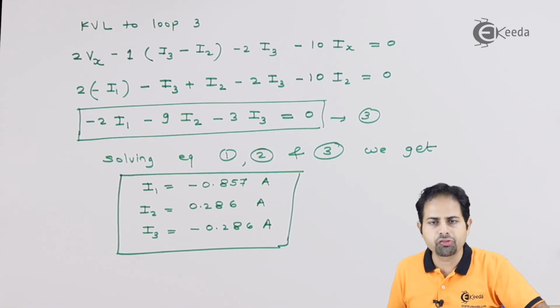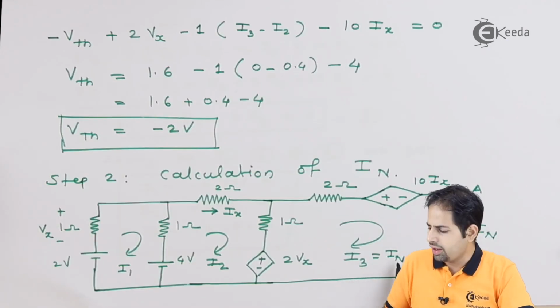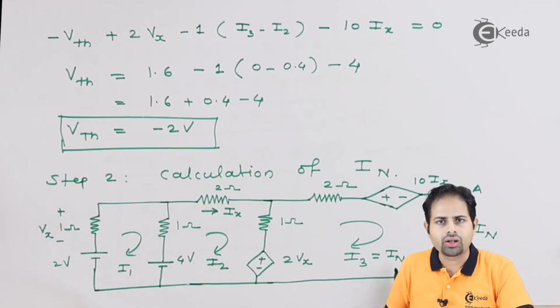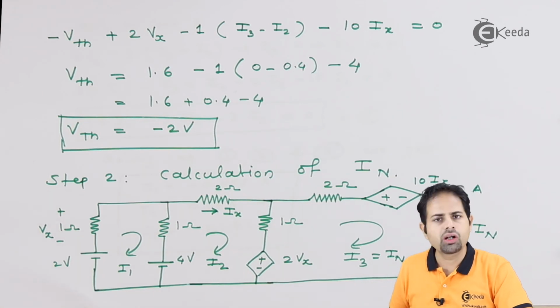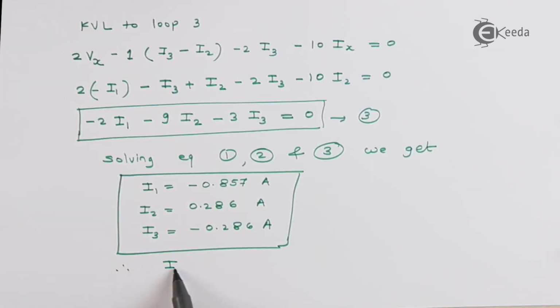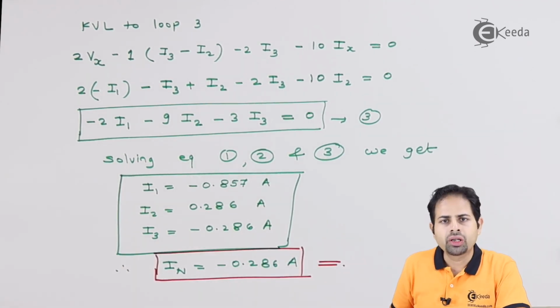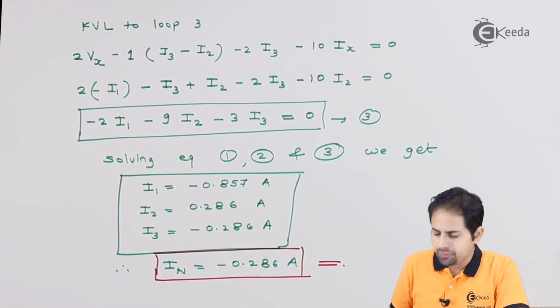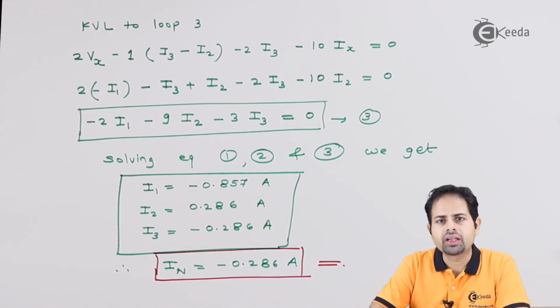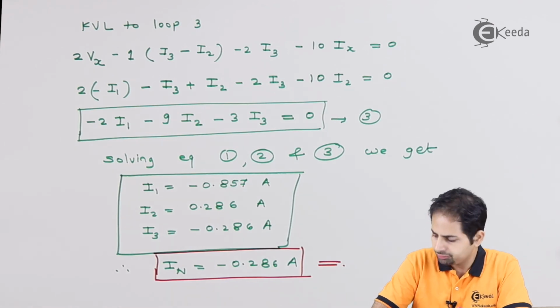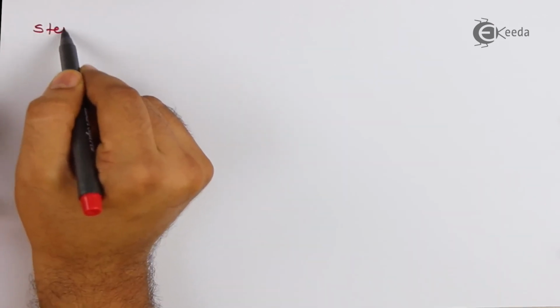Now from the circuit we know that I3 and IN, that is Norton's current, are same. So we have got Norton's current. So we are done with step number 2, that is Norton's equivalent current. Now we have to find either Norton's equivalent resistance or Thevenin's equivalent resistance. For that we know the formula is voltage upon current. So we'll find it.